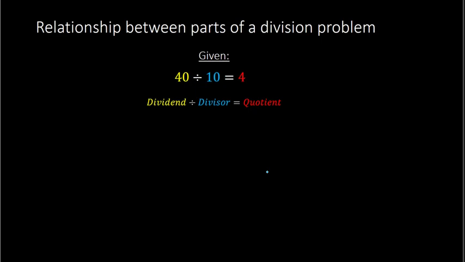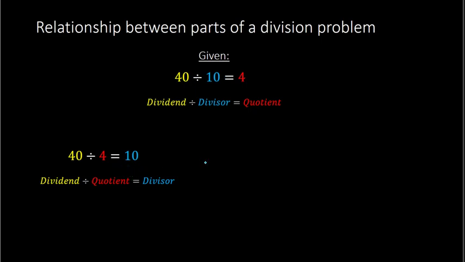Something else we can do is switch the 10 and the 4, and we also get a true statement. Now the dividend divided by the quotient equals the divisor.